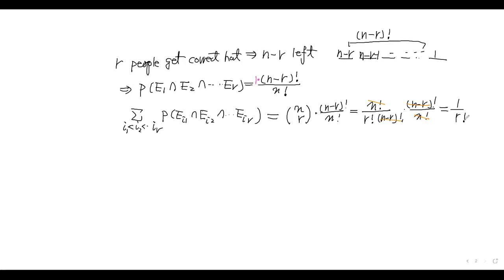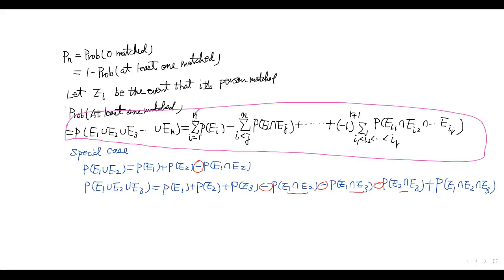Okay, so now let's see here. So the P_n, right? So we want the probability of at least one match, and it will just be the formula we have, if you remember, a summation minus and so on. So let's try to write this one here.